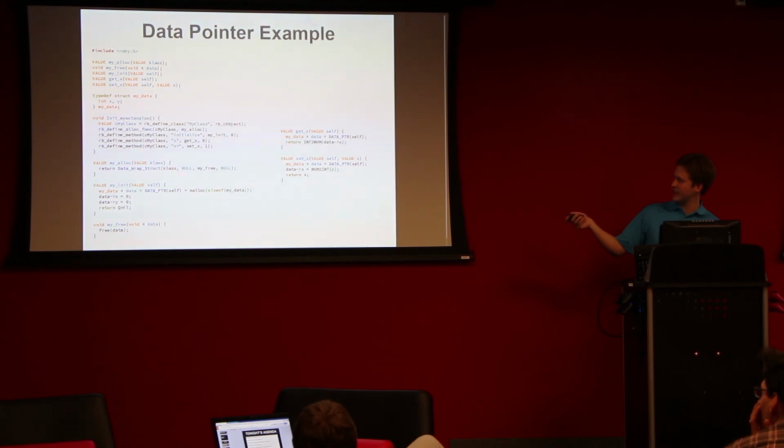We create the object and allocate space for the pointer in it at the same time. And there's some other little things you have to do, but at the end, what you have is you can define these getX and setX methods that have self as the first argument, extract the data pointer from the Ruby object, and then they can use that pointer to either read or write from the underlying C data. And this is all the code you need to make that work.